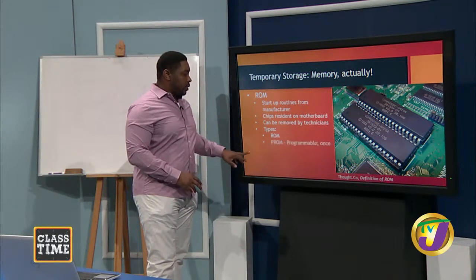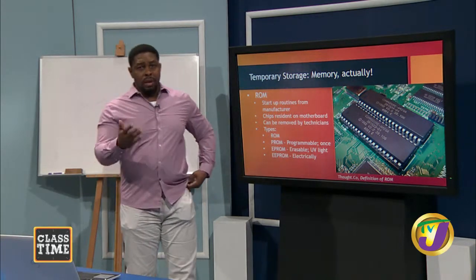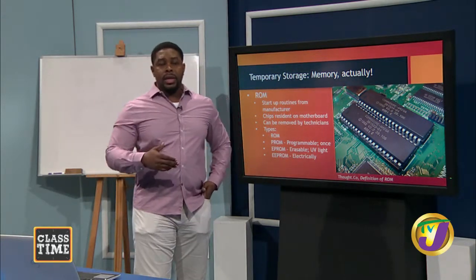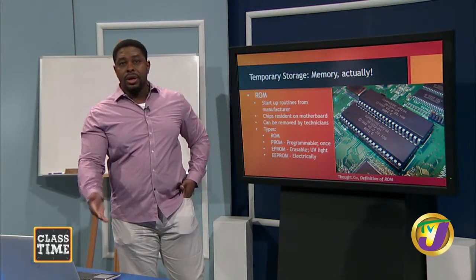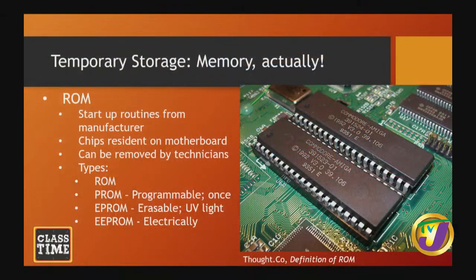So what are the types? Well, we tend to look at 4 different types, or thereabout. ROM, which is just read-only memory, which basically your manufacturer places on the board, and that's it. And again, if you corrupt the ROM or something goes wrong, you might as well buy another computer. They're that expensive.